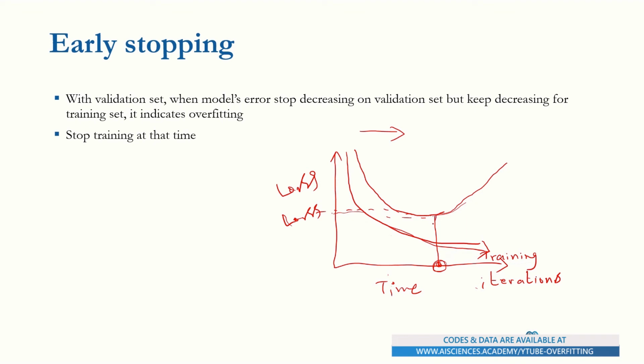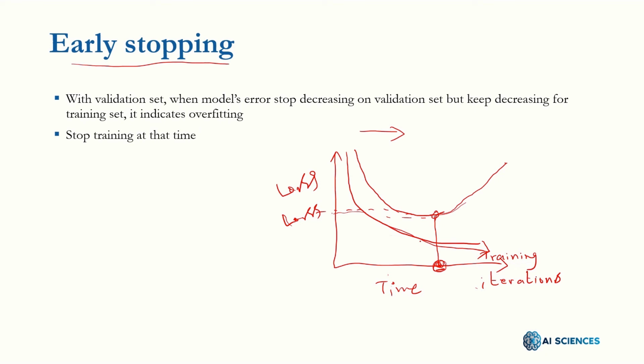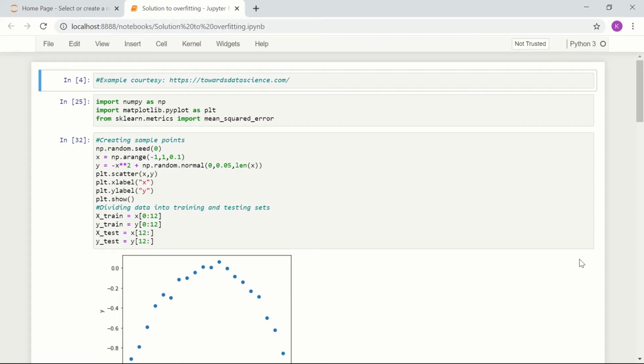And as we have already learned, the greater the loss with the validation set, the more it is overfitting. So it is indicating a point after which there will be overfitting. So we stop this learning process at that time. So it is called early stopping. We stop the learning process at a specific time before it goes towards overfitting.